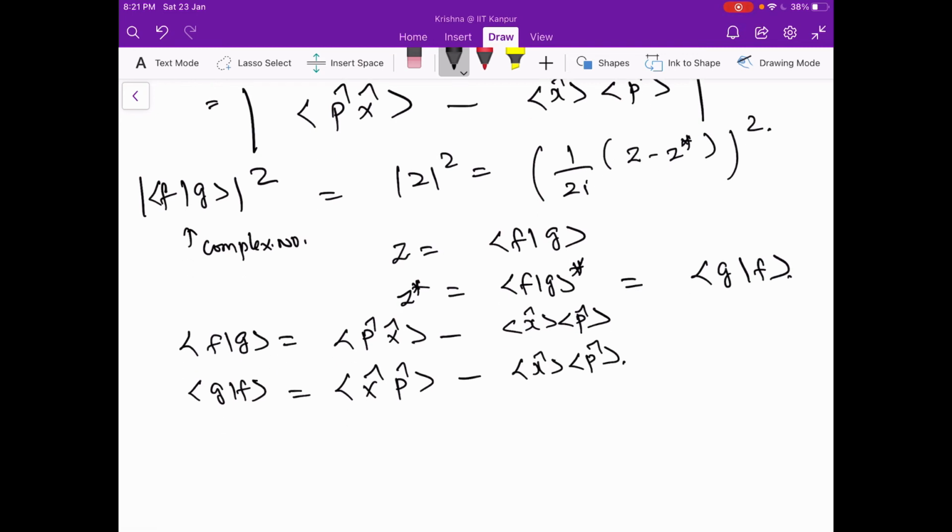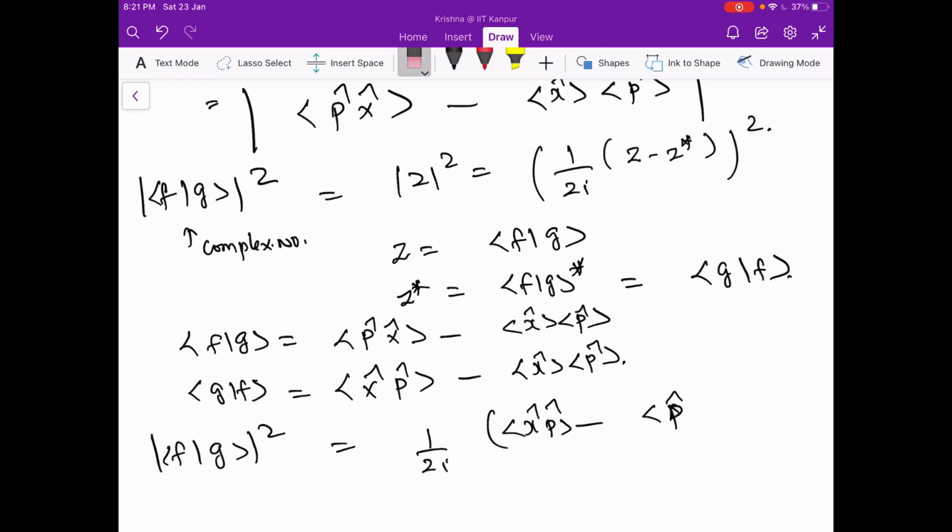So square is basically one minus the other, so I will get 1 by 2i, right.